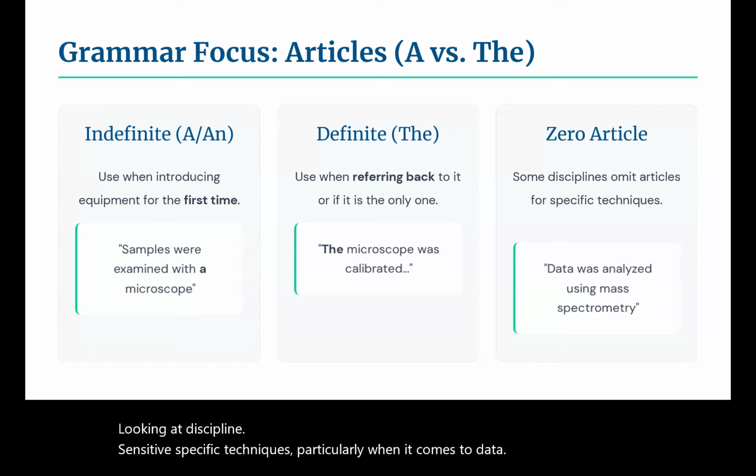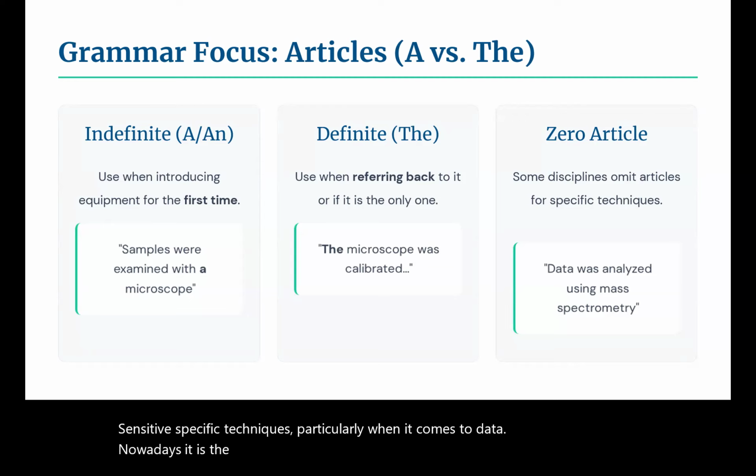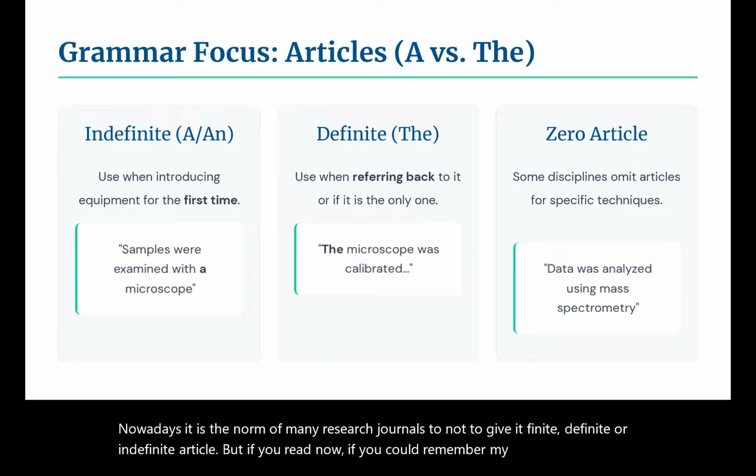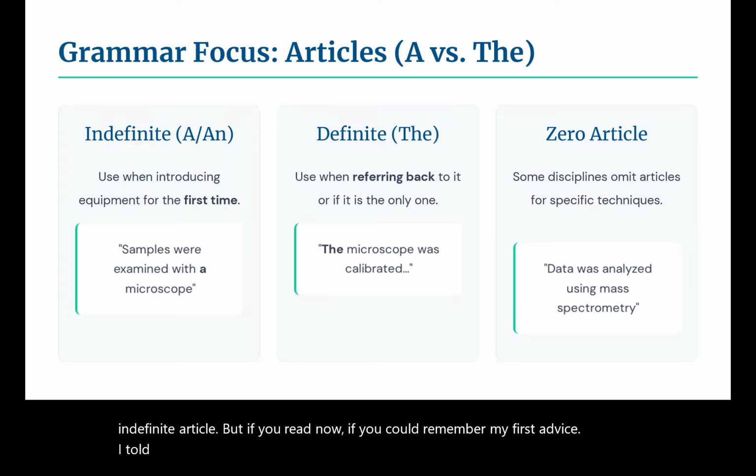Nowadays, it is the norm of many research journals not to give it a definite or indefinite article. But if you could remember my first advice, I told you often, before you do anything, do not rely on my exercises or examples. Just go and read a previous article from the same journal.